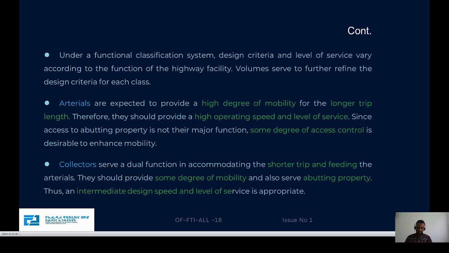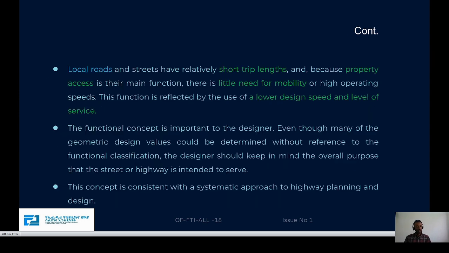Providing traffic from local roads to arterials is the main function of the collector. So the collector is intermediate. It provides mobility as well as local access. It serves abutting property and provides access.